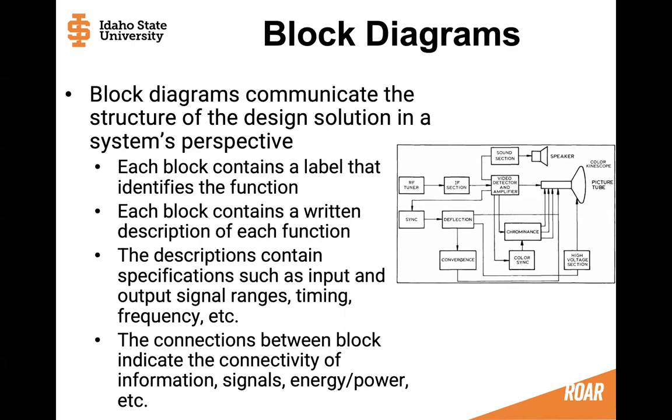You should be able to break down your system into these simple subcomponents in which not only does the system have a full requirement specification, but each subcomponent can have its own requirement specification. So the connections between those blocks are going to indicate how the entire system works and how it's connected, and what direction the information or signals might flow through the system.